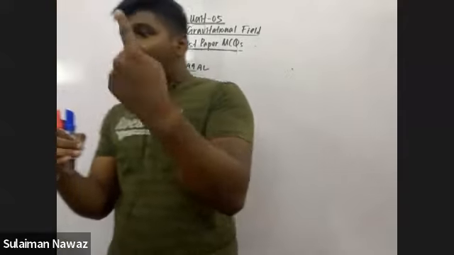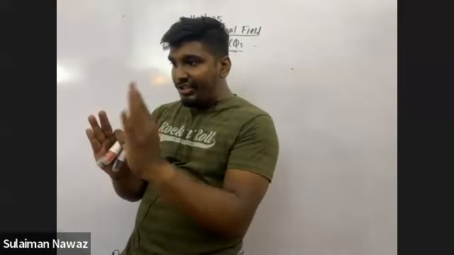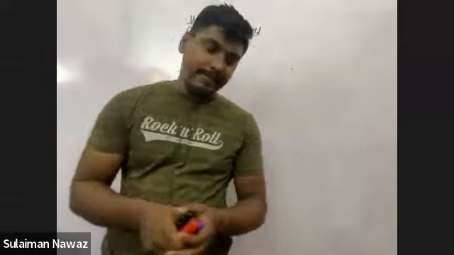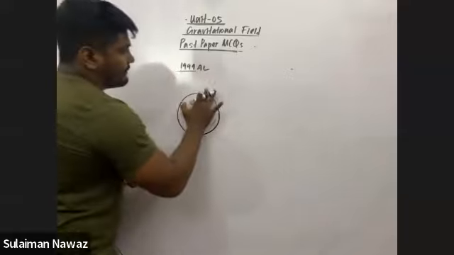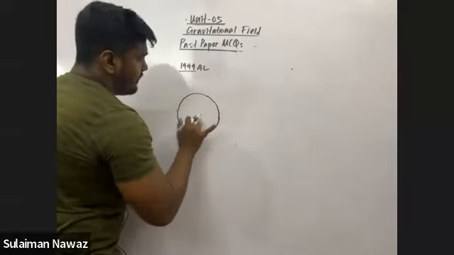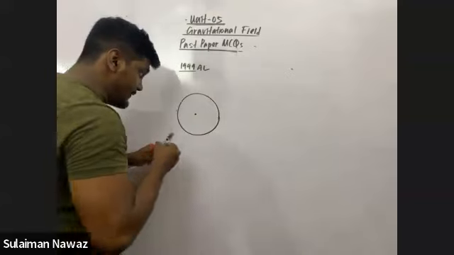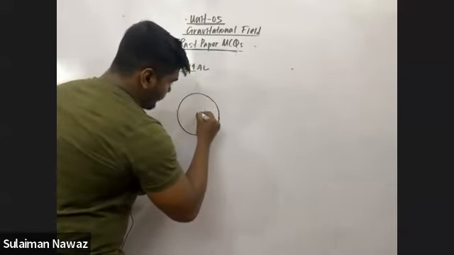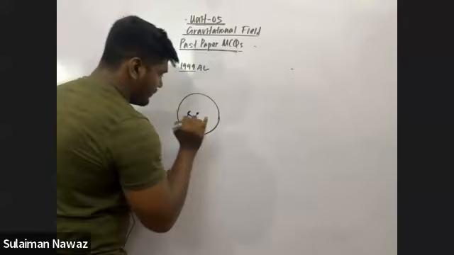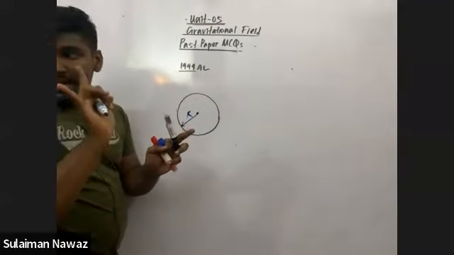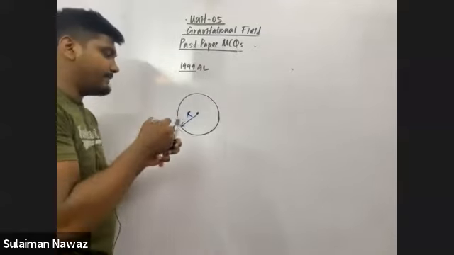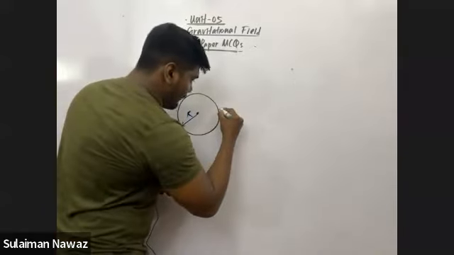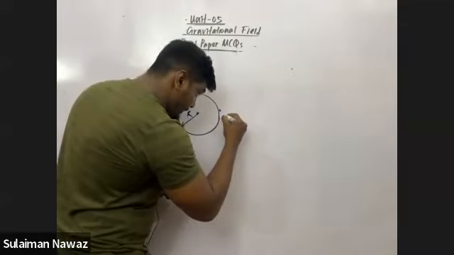I'll discuss. The radius of the Earth is capital R. Small g is the acceleration due to gravity at the Earth's surface. Let's say this is our Earth. They have mentioned the radius of the Earth is capital R, and small g is the gravitational acceleration, or gravitational field intensity, on the surface of the Earth.